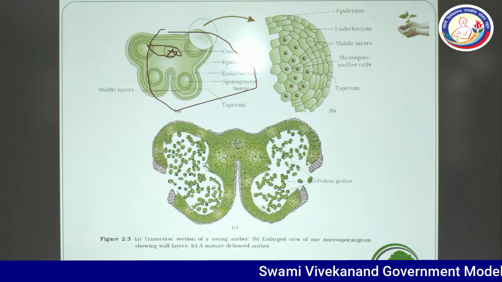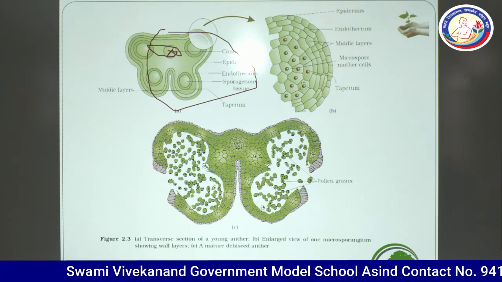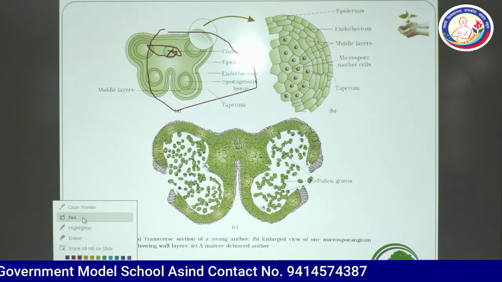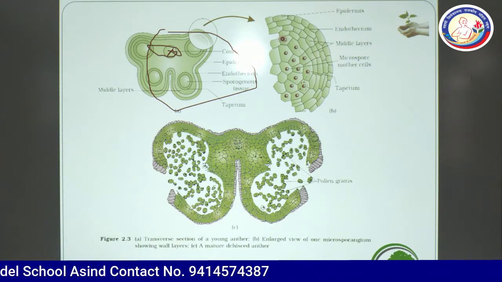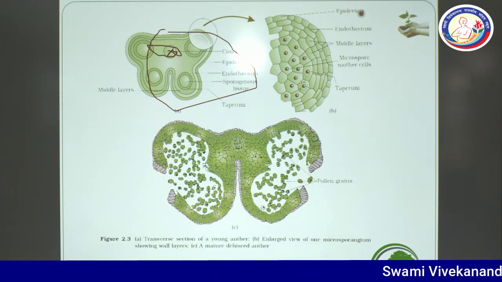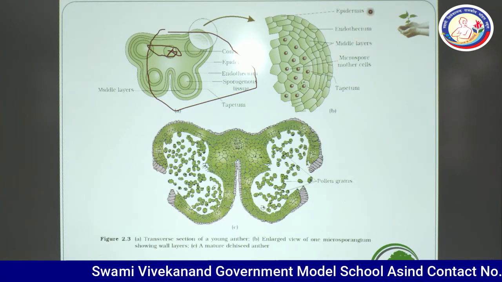So you can see this is the transverse section of the stamen here, and now you can see this is the structure of a single sporangium. These are the different layers. We have already discussed this. This is the outermost layer, which is known as epidermis.